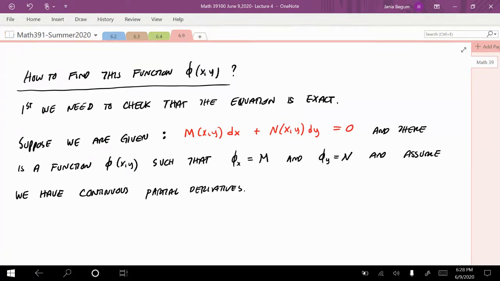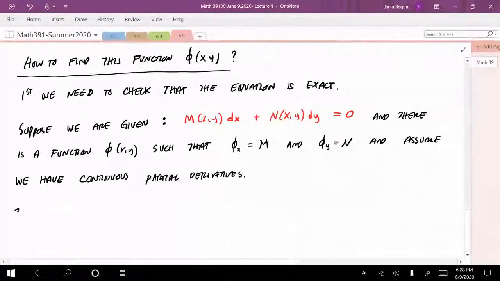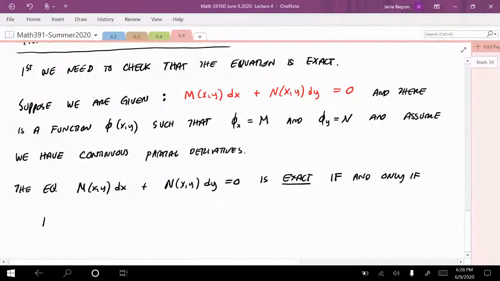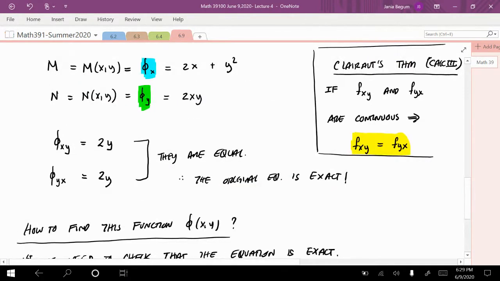So the equation m of xy dx plus n of xy dy equals 0 is exact, right? If and only if you take m and you take the partial derivative with respect to y. If you look at it, that's what we did here.